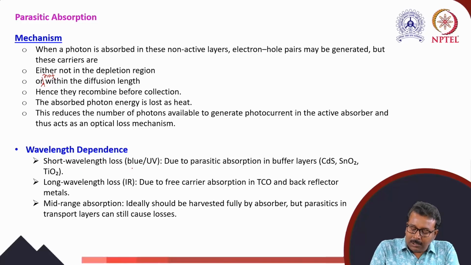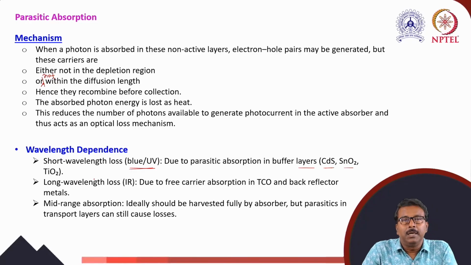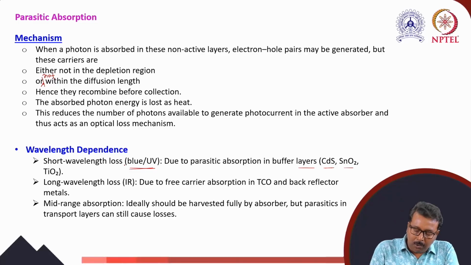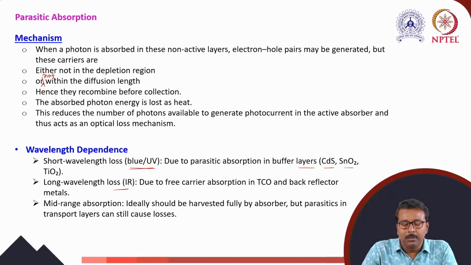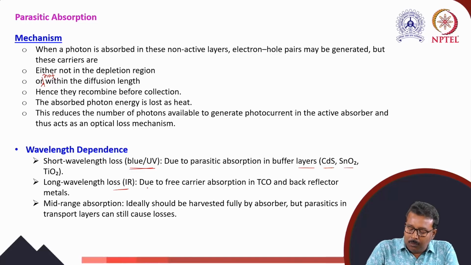Very important is this wavelength dependence. Short wavelength loss, that is blue or UV losses, is due to parasitic absorption in buffer layers, say CdS in the case of CdTe, SnO2, TiO2; these types of materials are generally responsible for absorbing the short wavelengths. And long wavelength loss, that is infrared or some higher wavelengths of the visible range, is due to free carrier absorption in TCO and back reflector metals.